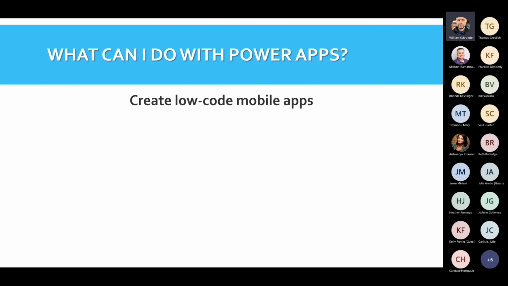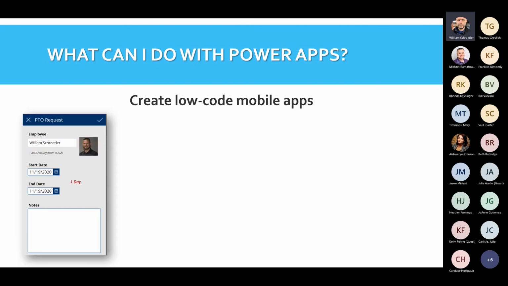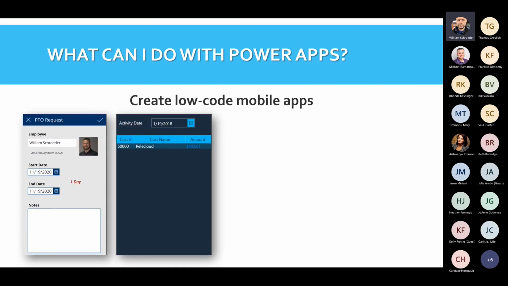Some examples here. Maybe you want to do a PTO request form, submit that to your HR department, something like Paylocity already has. Maybe you want to create your own.